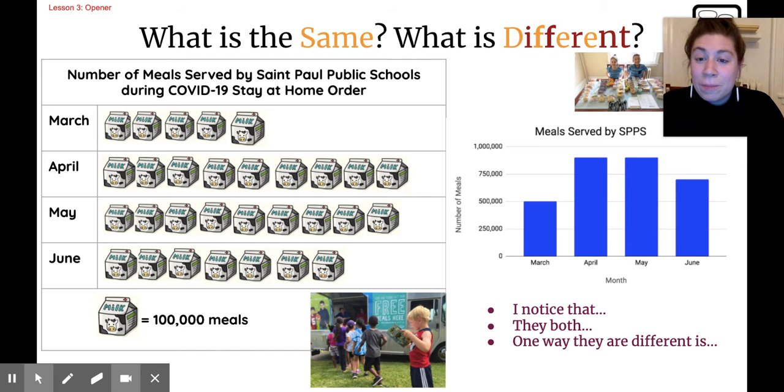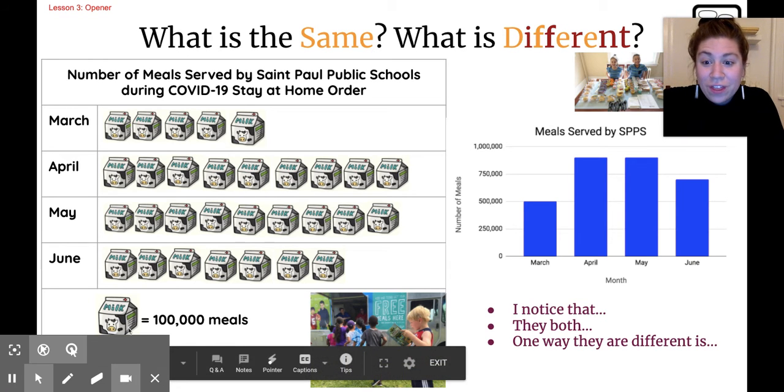So this is the number of meals served by St. Paul Public Schools during the COVID-19 stay-at-home order last spring. So each milk carton down here symbolizes 100,000 meals.